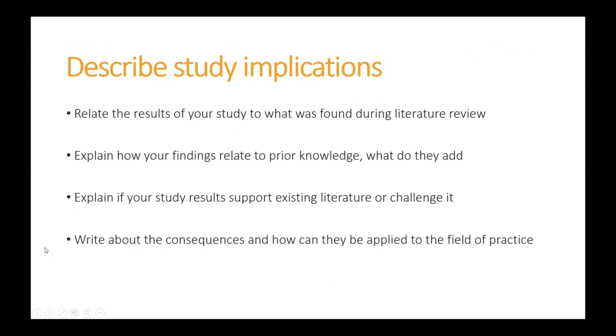So next, coming to describing study implications. In this part, you're going to relate the results of your study to what was found during the literature review. You need to explain how your findings are related to what was found previously, and also what more you are adding. This is an extremely important point.